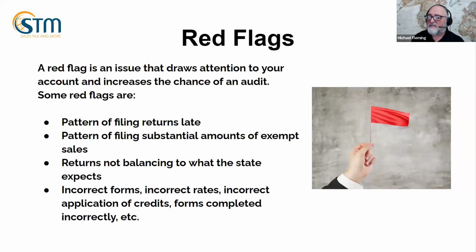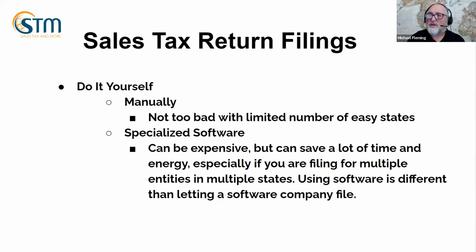Other states do not. So forms completed incorrectly, et cetera. So these are just some of the red flags that can increase the likelihood of an audit. So what you want to be doing is limiting as many red flags as you can. Doesn't mean that you're going to avoid an audit, but it will lessen the chances of being chosen for audit.